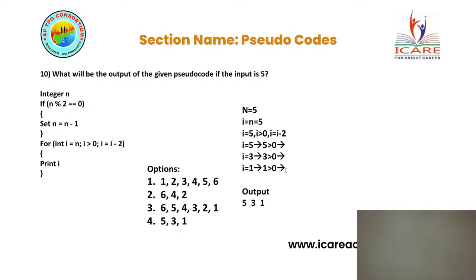So 1 minus 2 is minus 1. So I is equal to minus 1. Minus 1 greater than 0? No, it's false. So the for loop will stop. So here we are getting the output as 5, 3 and 1. And in the options, 5, 3, 1 is the fourth option. So the fourth option is the right answer.